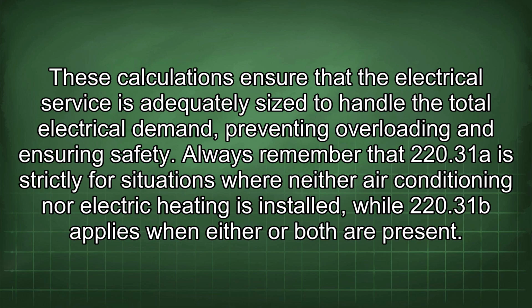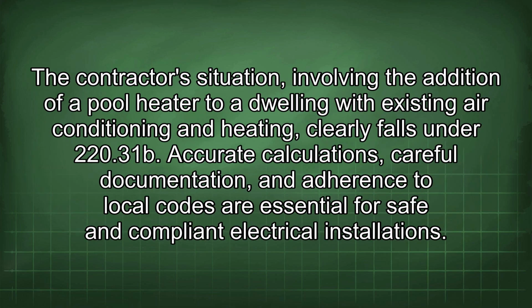Always remember that 220.31 is strictly for situations when neither air conditioning nor electric heating is installed, while 220.31 applies when either or both are present. The contractor's situation, involving the addition of a pool heater to a dwelling with existing air conditioning and heating, clearly falls under 220.31. Accurate calculations, careful documentation, and adherence to local codes are essential for safe and compliant electrical installations.